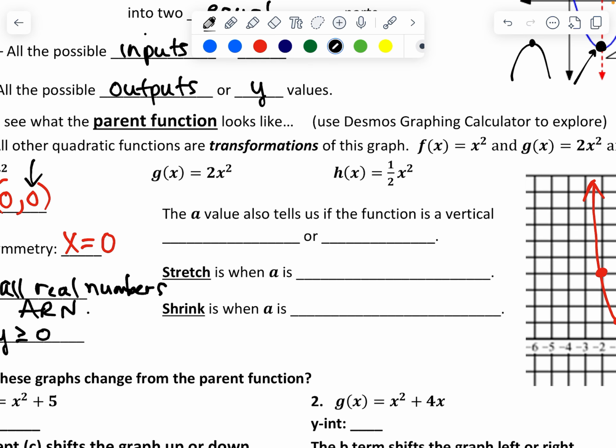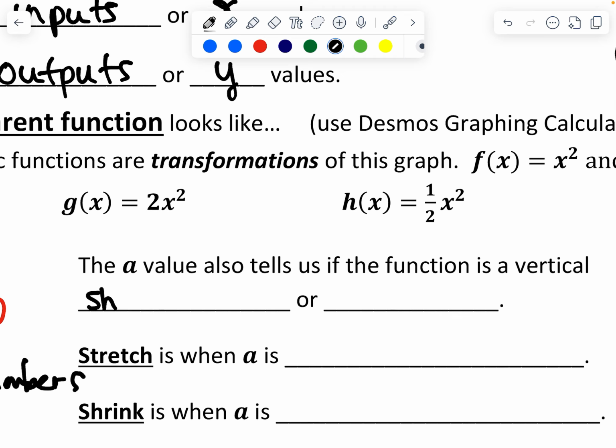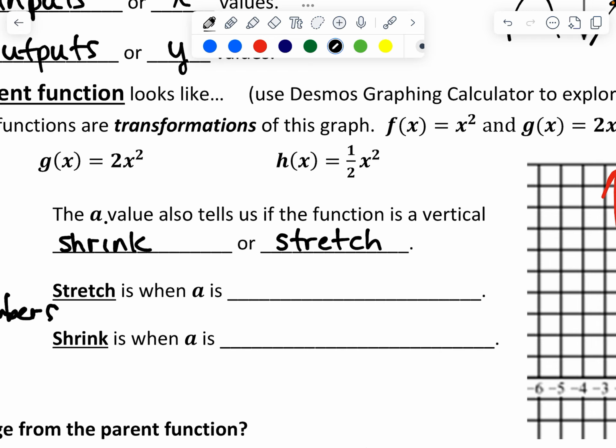The a value also tells us if the function is a vertical shrink or stretch. A stretch is when a is greater than 1. And a shrink is when a is between 0 and 1.